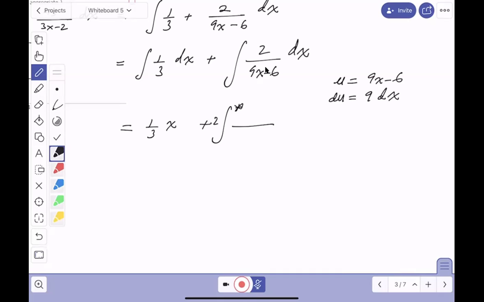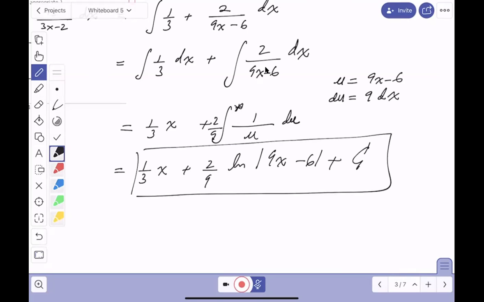Well, the du would be 1/9. 1/9 of a du would be dx. What do you get, 1 over u? And I'm ready to go. What do you get? 1/3 x plus 2/9 times the natural log, absolute value of u. And what's u? 9x minus 6, plus c.